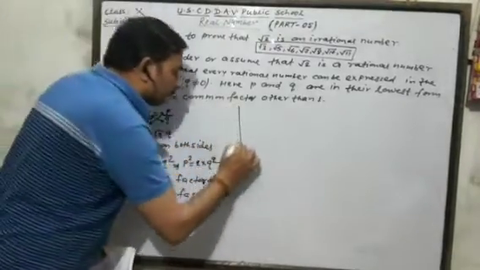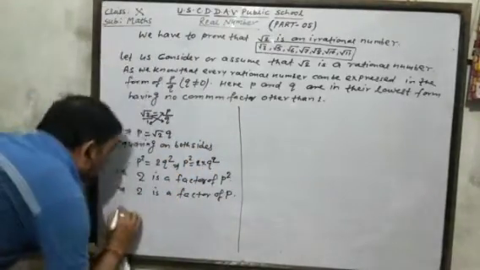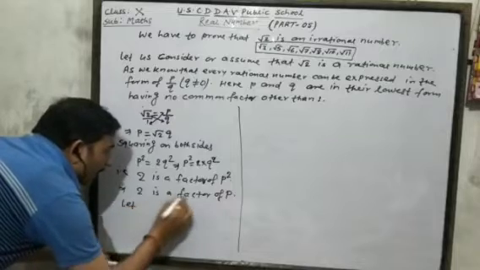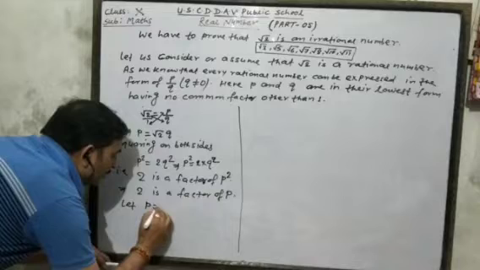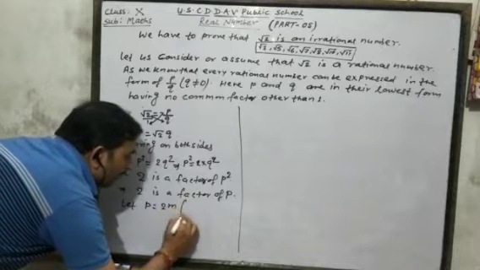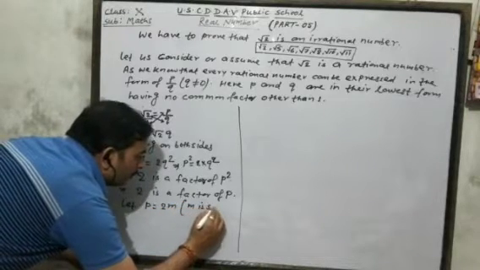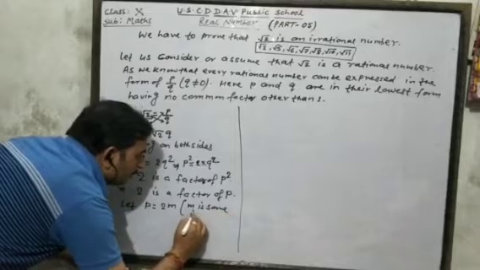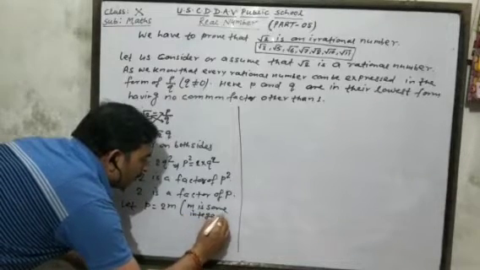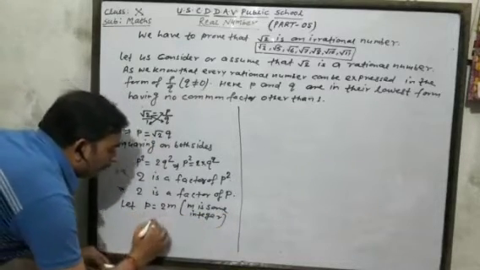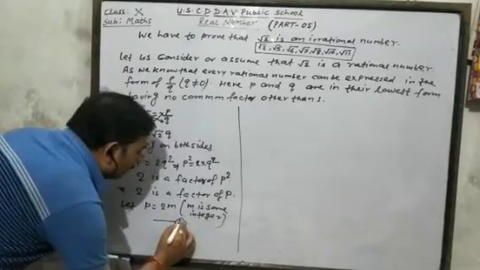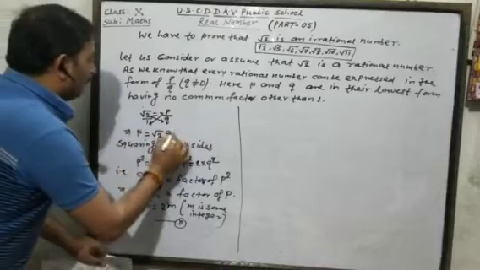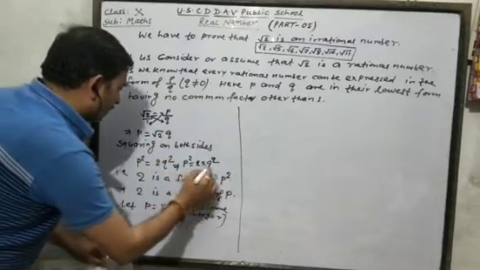Now since 2 is a factor of p, let p be equal to 2m, where m is some integer. So p is equal to 2m, and let us call it equation second, and let us call this one equation first.